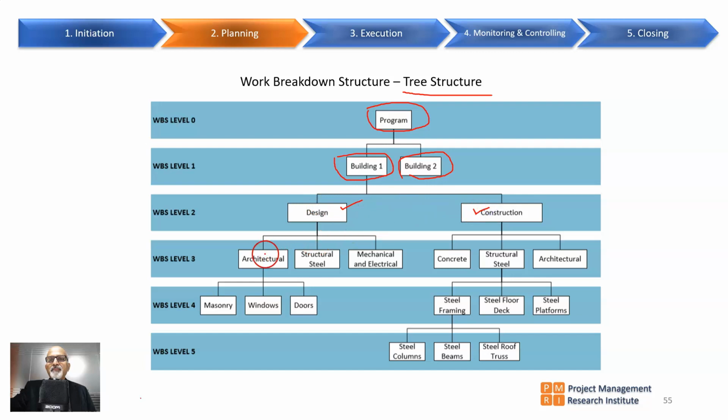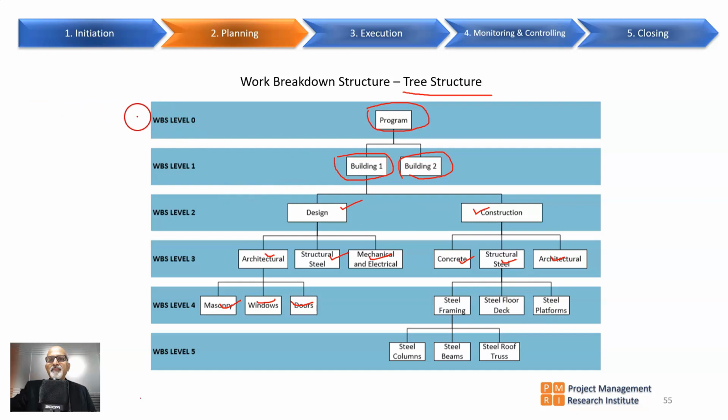In the design we have architectural, structural, steel, mechanical and electrical. Then within architectural, masonry, windows and doors, and construction you have concrete, structural steel and architectural. So this is an example of a work breakdown structure in the tree format.